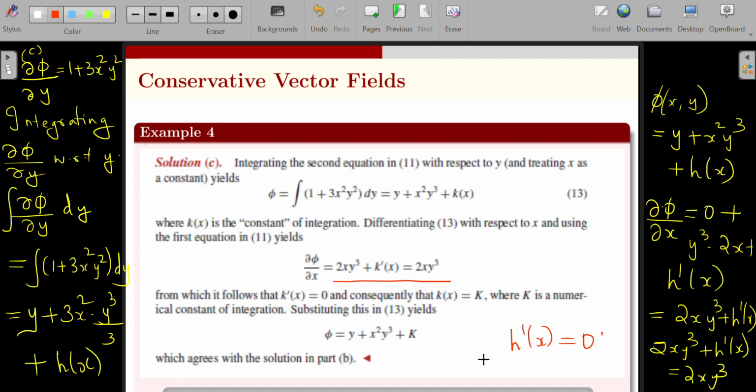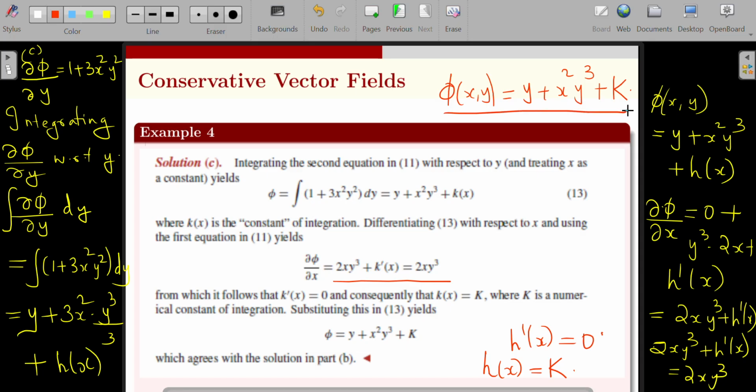The derivative of a function is equal to 0, which means that h of x will be some constant, say k. So we obtain phi of xy to be y plus x square y cube plus h of x, that is y plus x square y cube plus some constant k.